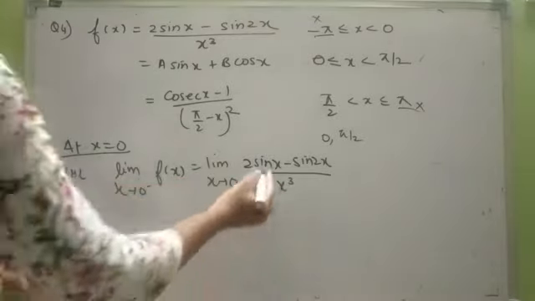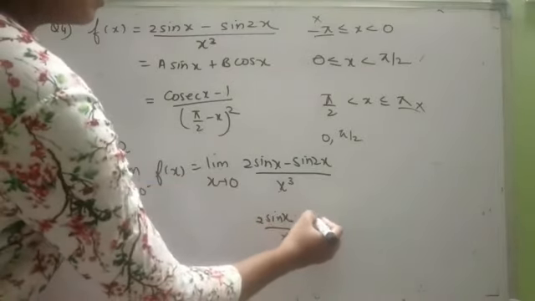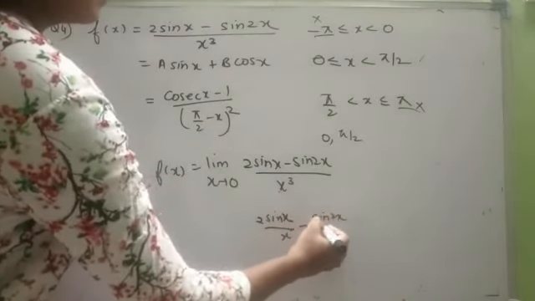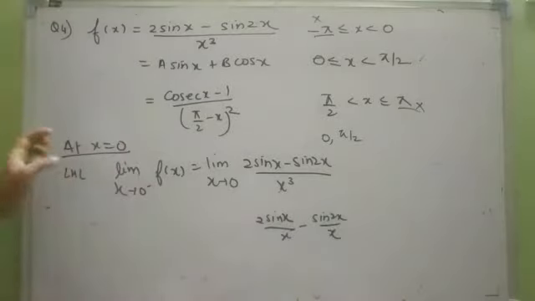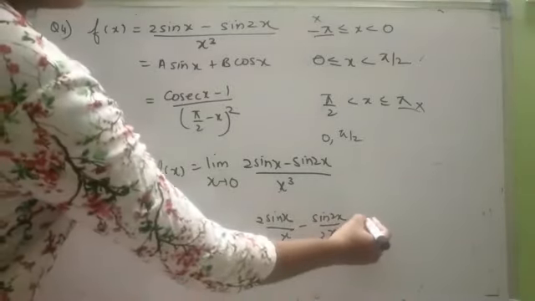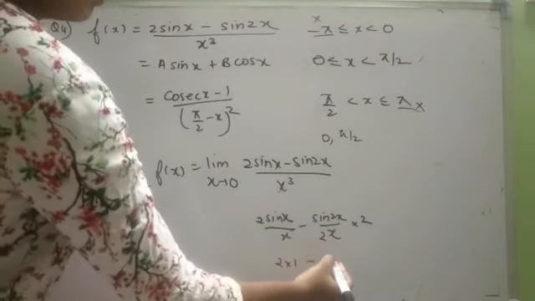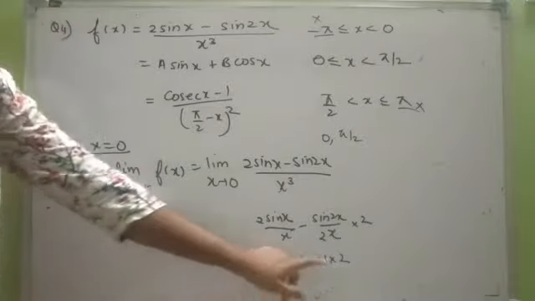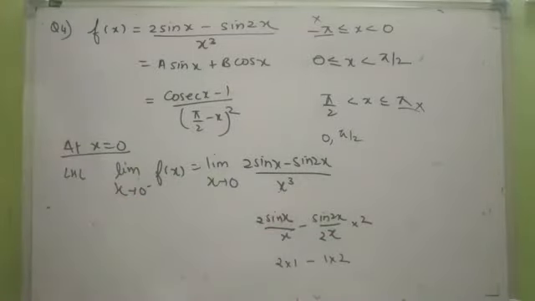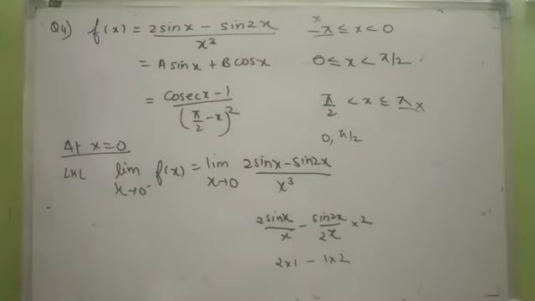Even if you do it this way, taking one x and distributing it to both the terms, consider sine 2x upon x. So what would be the answer? This would have balanced and this would give you 2. This answer would be 2 into 1 minus 1 into 2. So 2 minus 2 would anyway give you 0. So even by separating x like this will not work.